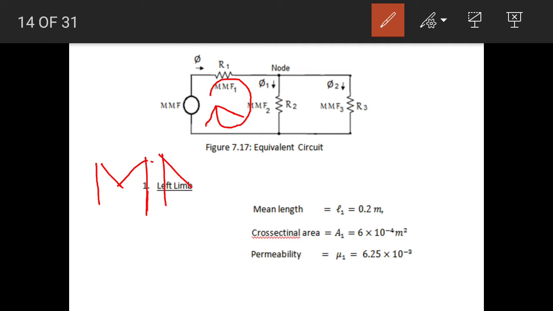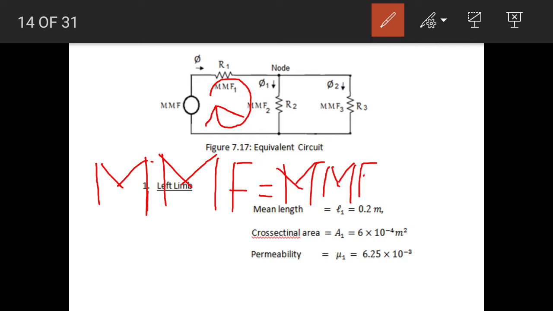So the total MMF in this loop will be equal to MMF1 plus MMF2.